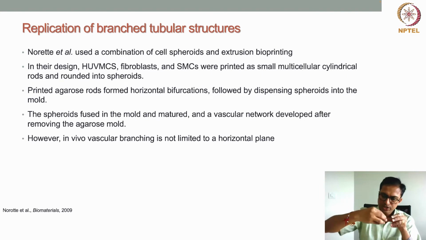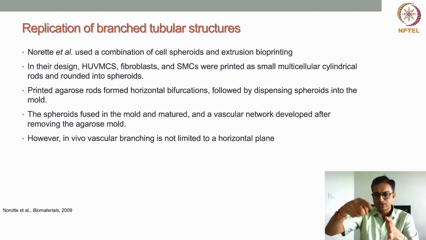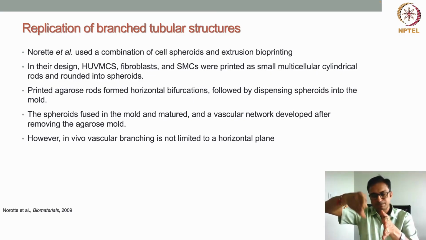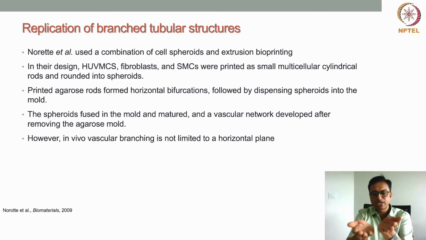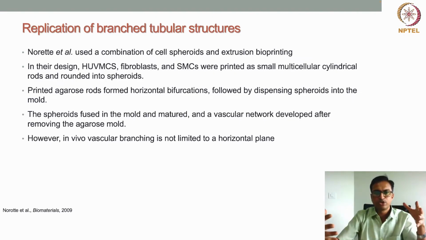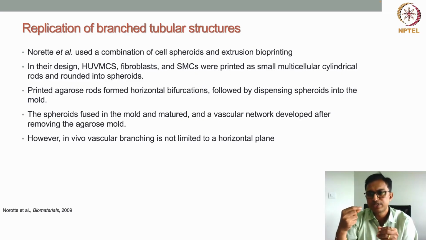So when I print these agarose rods in a parallel fashion, and in between those agarose rods I put my spheroids, and then again agarose rods are printed, the spheroids will fuse with each other, and a cylindrical tissue kind of structure can be very well generated.